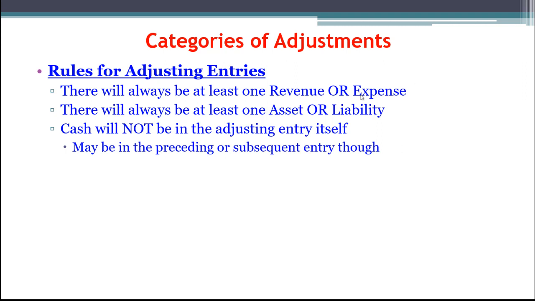We'll give them names. But what I want to point out here is that cash will never be in the adjusting entry. For these four adjusting entries we're talking about, cash is just flat out not in that. It'll either be in an entry before the adjusting entry or an entry later on after the adjusting entry, but it will never be in the adjusting entry.